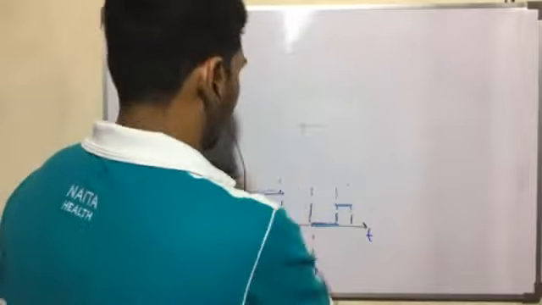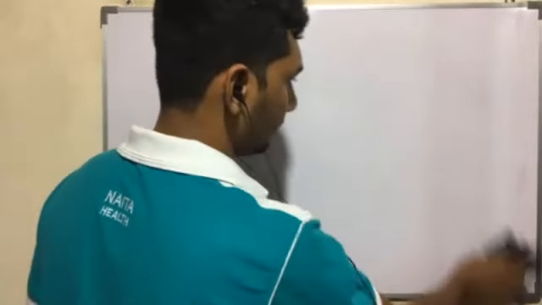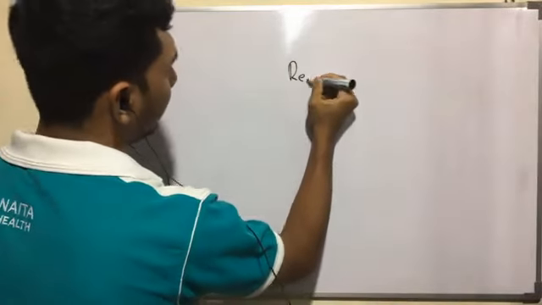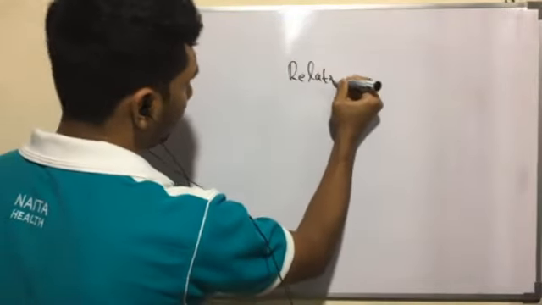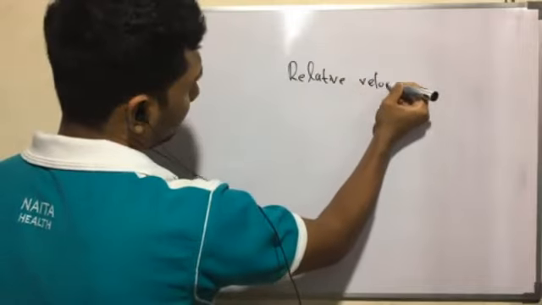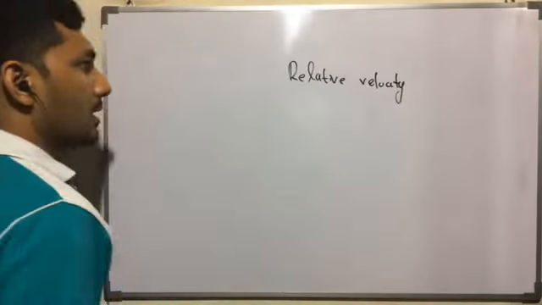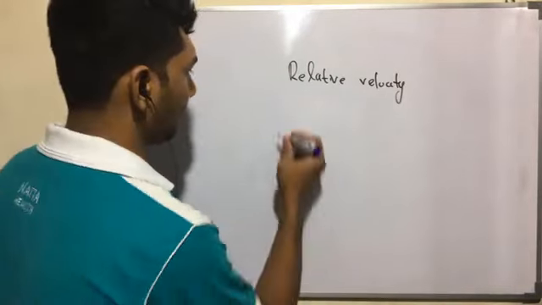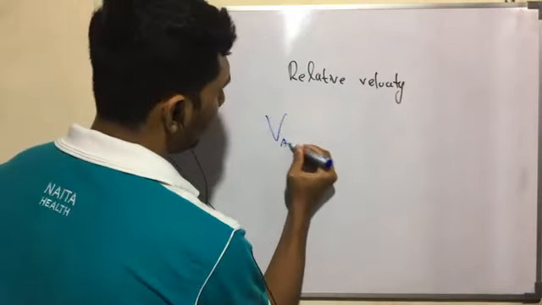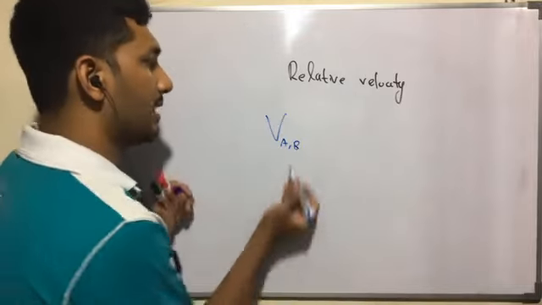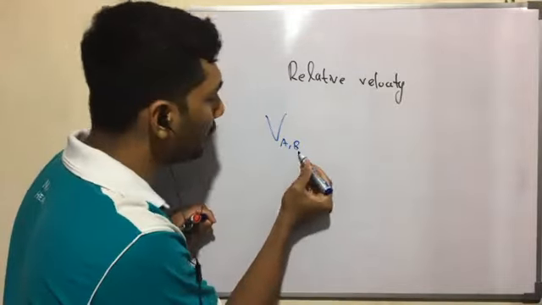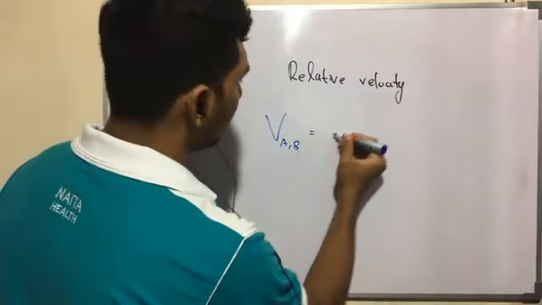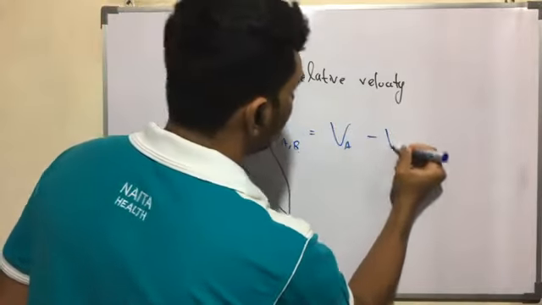What is relative velocity? For relative vectors, any vector you can talk about relative. There is a general equation for this. V_AB means the velocity of A relative to B, and it is equal to V_A minus V_B.